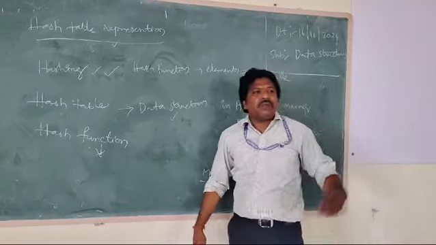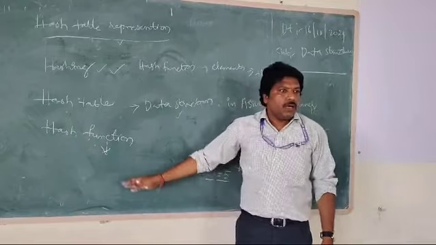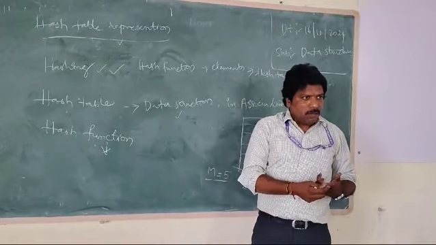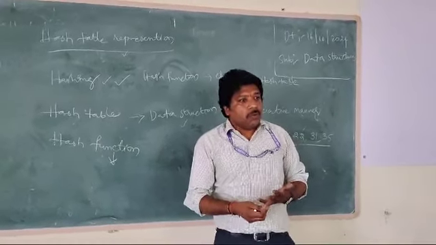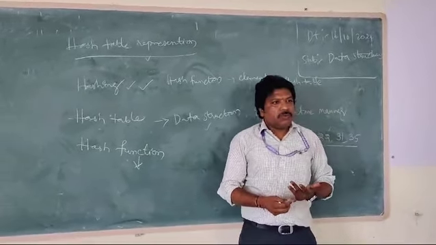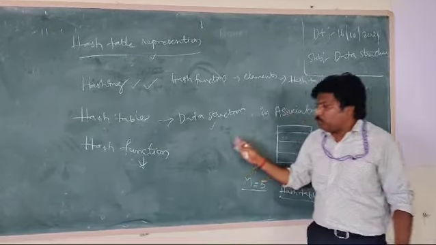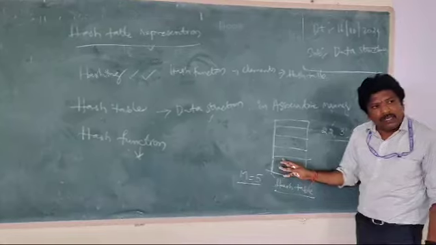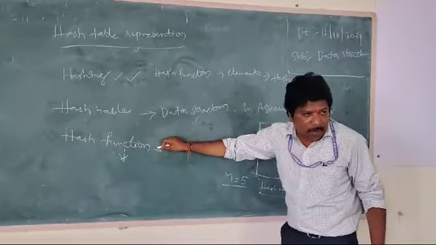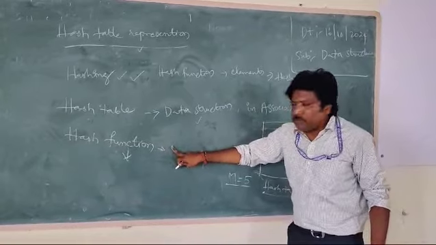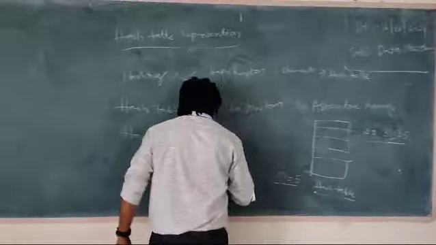Here we have different types of techniques. Can you tell me what the different types of techniques are? Mid square method, division method, digit folding, digit analysis. Likewise we have so many techniques for placing the elements into the hash table. Here I am using the division method.